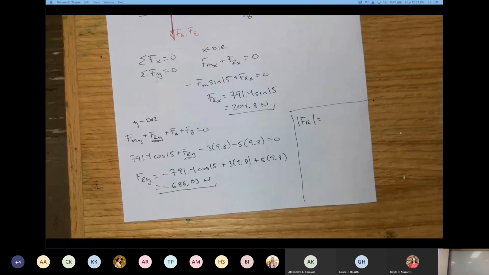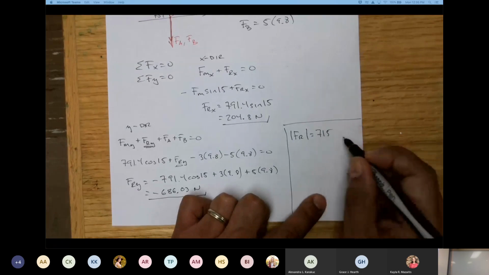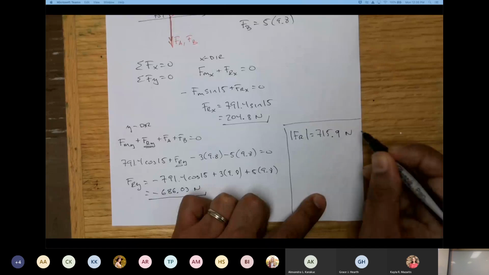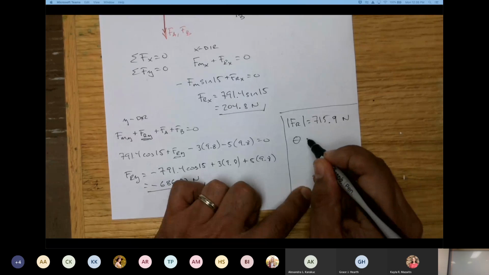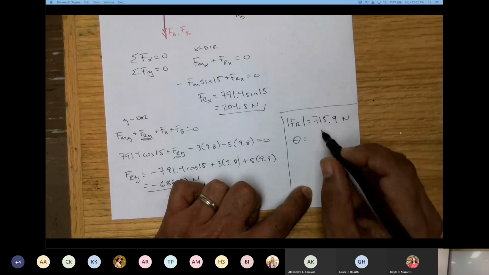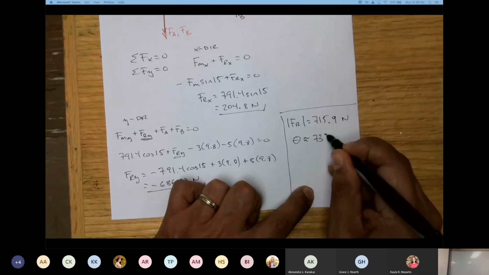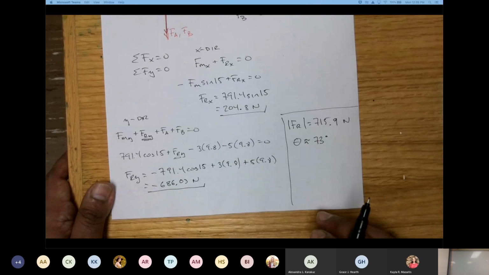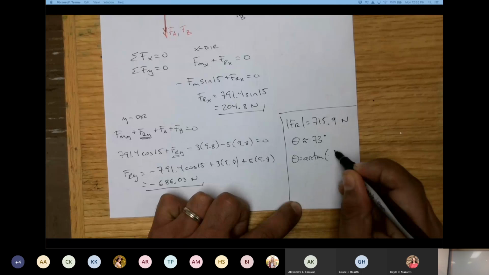So I got a magnitude of 715.9 newtons, and the angle is going to be close to 73 degrees. Okay? And the way you calculate the angle is the arctangent of the y component over the x component.